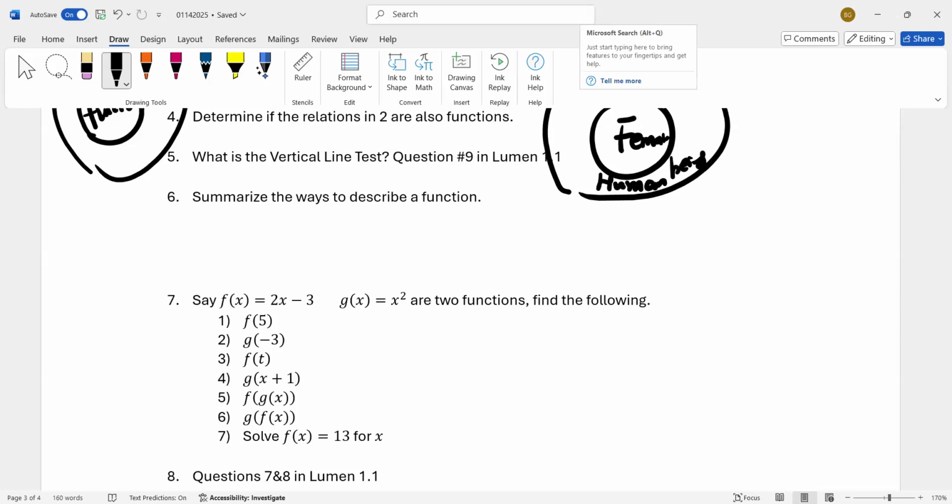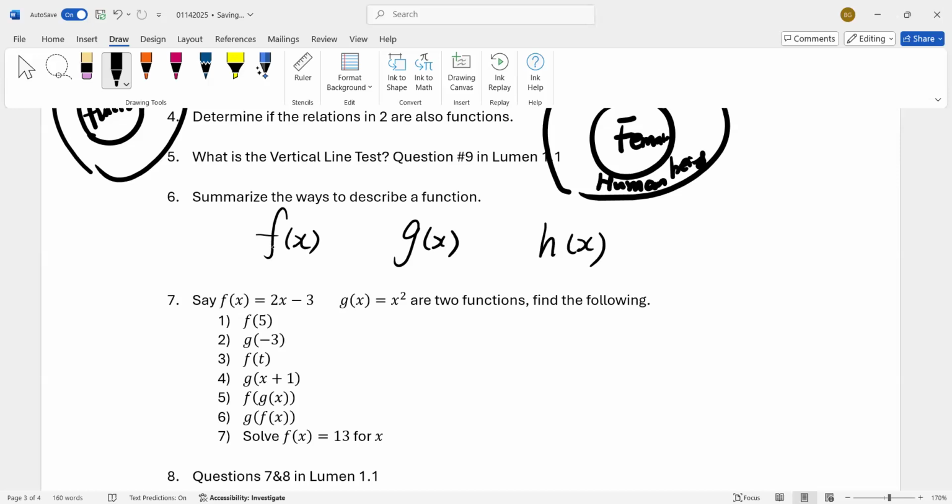So next up, we are going to talk about the notation of function. You might see f of x, you might see g of x, sometimes you might even see h of x. And what is that? That's the way we denote functions. Okay, most of the time it is f, because f is the initial function, right? Let's say we use f.